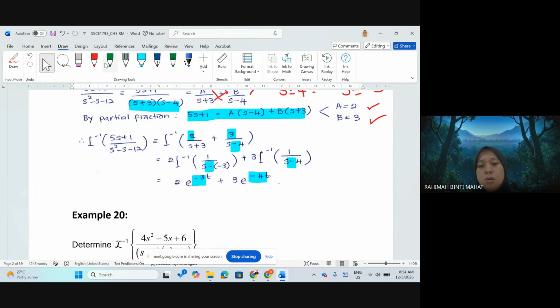This one, no negative. Wait, this one is just positive, no negative from the table. So you get 3 exponent 4t. Okay. Follow from the table.